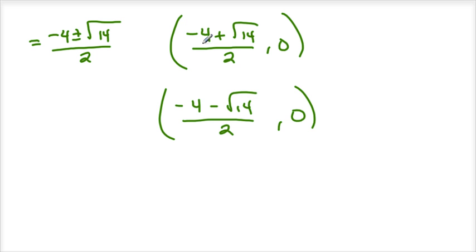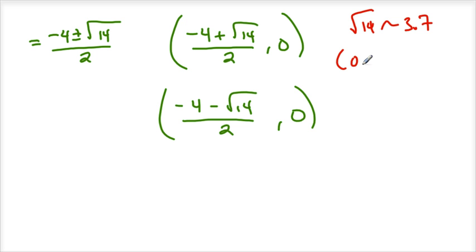Okay, so this is not the easiest number to see on the number line. Square root of 14, if you plug it into your calculator, is roughly 3.7. So here you have -4 plus 3.7, which is about 0.3, and then 0.3 divided by 2 should get 0.15.